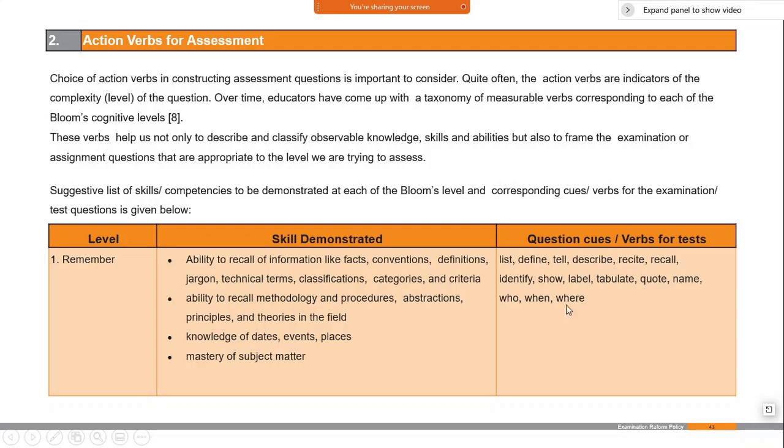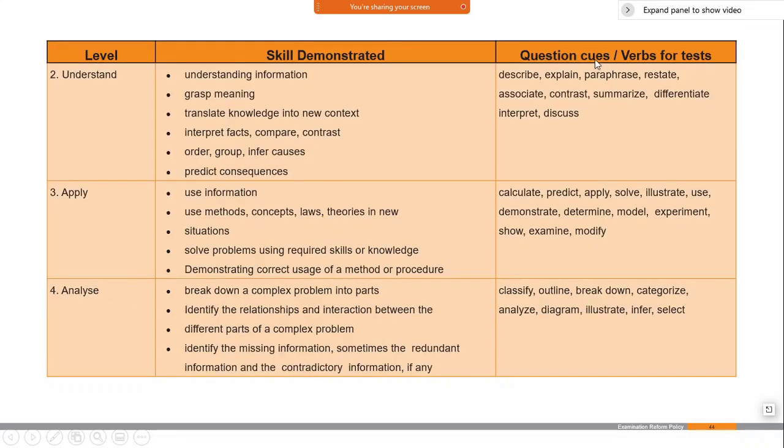Such questions are connected to the remembering level. If I say understanding, I will put a question like describe Newton's law, describe the process of something, like this.